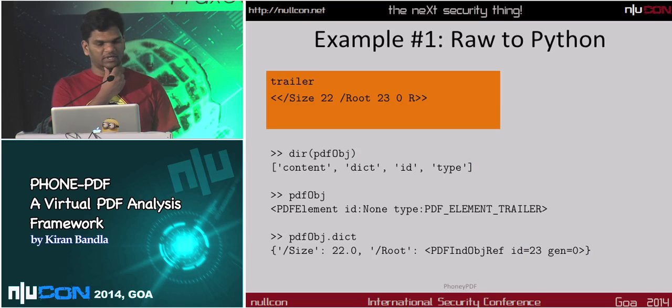This is a representation of the raw object as you see it in a PDF. If you open a PDF in vi, this is an example, just a snippet. This is object ID 125. Anything after a percent sign is a comment, so the whole line after the percent sign is a comment.